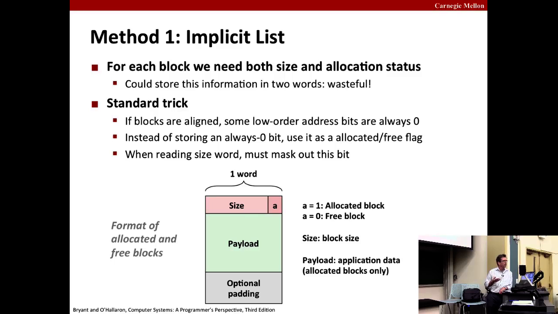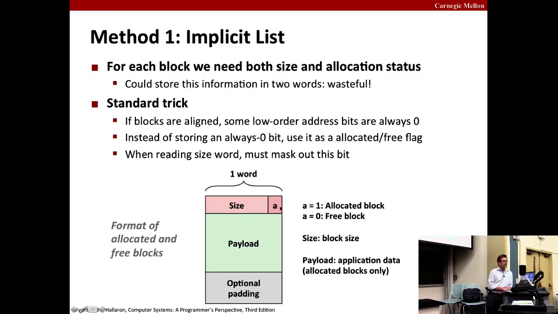Right? So the size of that block will always have the three or four low-order bits set to 0. So we can take advantage of that, and we'll just have one header word, and we'll use the low-order bit to store the allocation status.